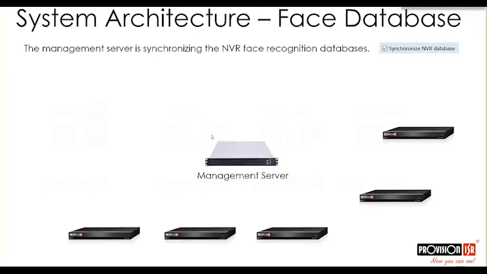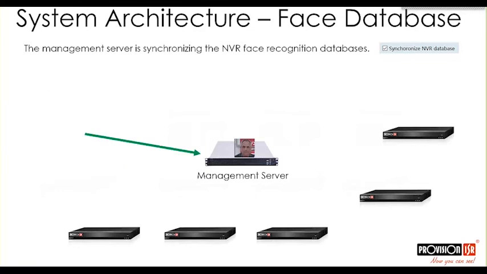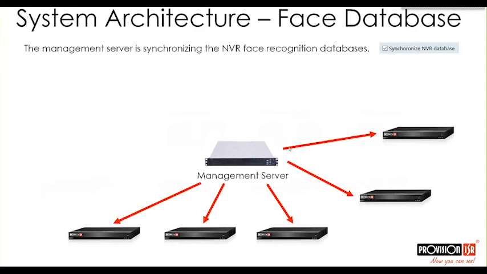We add the person through the CMS, and I will demonstrate it live in a second. And now this person, through the management server, will be dispatched to all of the NVRs. So all of the NVRs will have the face of the person.